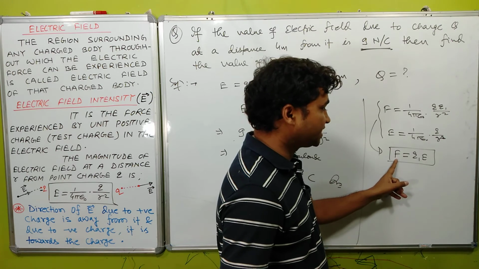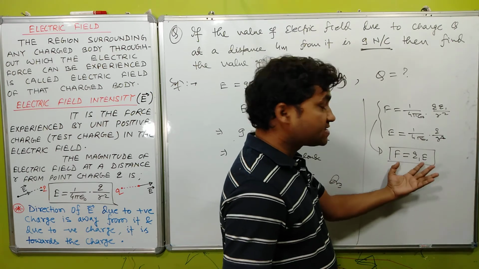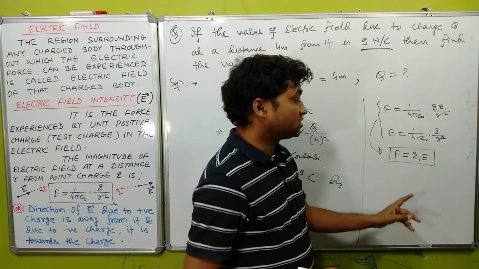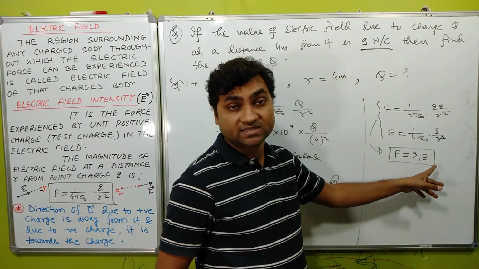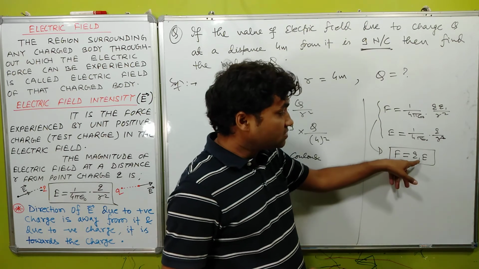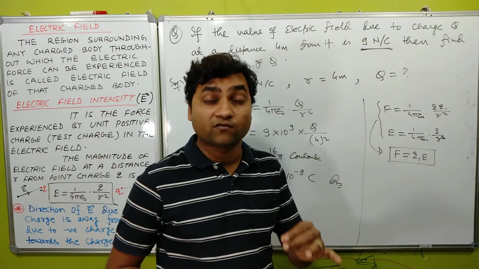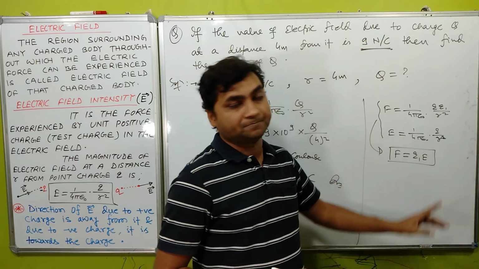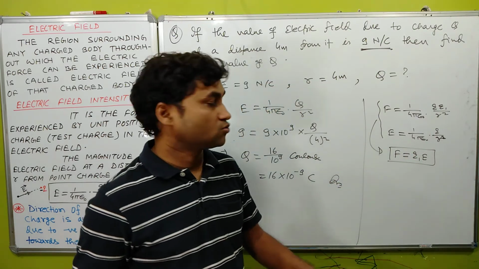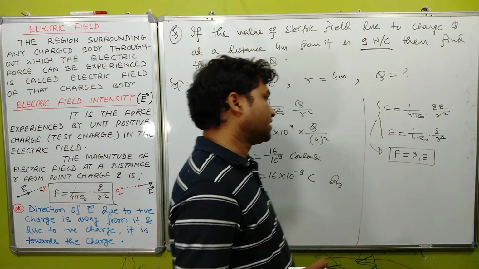This is the relation between electric force and electric field, and this relation says that if you put a charge Q1 at a place where the electric field is capital E, then this charge Q1 will experience an electric force of value Q1E. So this is the relation between force and electric field. Okay, student.